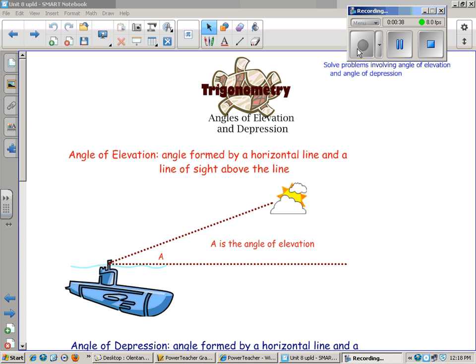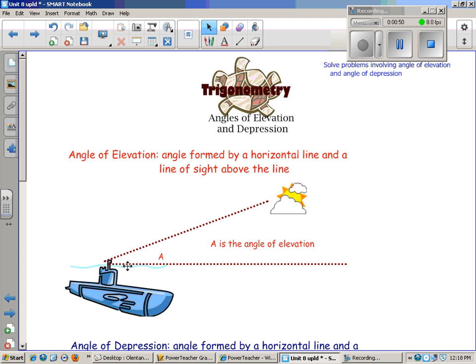Okay, so like here's the submarine, and the horizontal line is sea level, right? And then it goes up. The guy in the conning tower looks up at the sun, so the angle of elevation is right here, is A. Okay?